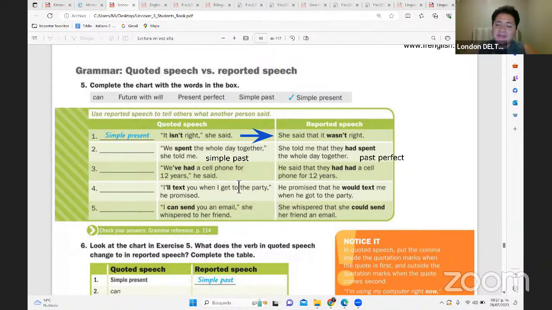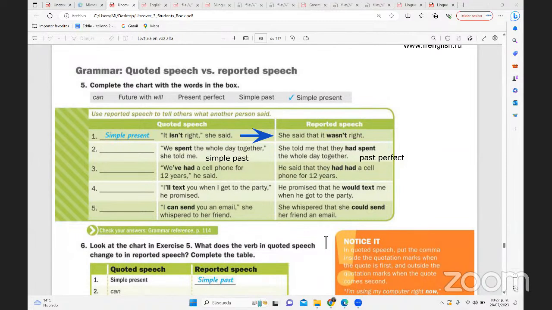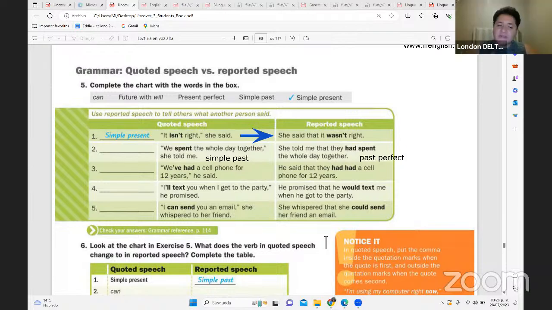Okay, the next one. We've had a cell phone for 12 years. What tense is this? Pasado perfecto. No, because past perfect, remember, we use auxiliary verb had.